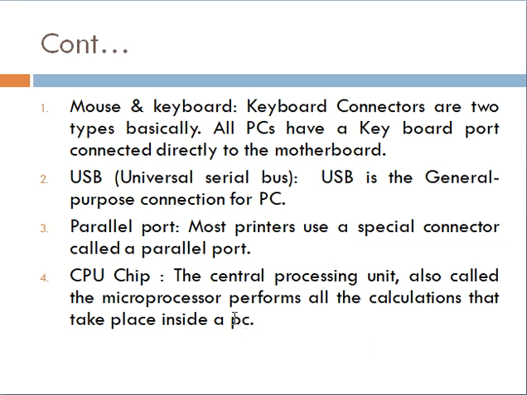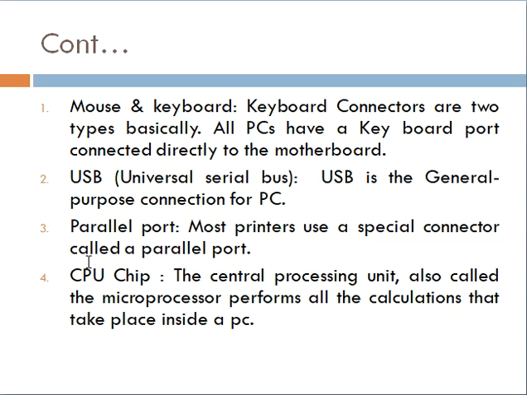The second one is USB, Universal Serial Bus. USB is the general purpose connection for a PC. Now the parallel port: most printers use a special connector called a parallel port. CPU chips. Chips are a very important part of motherboards.